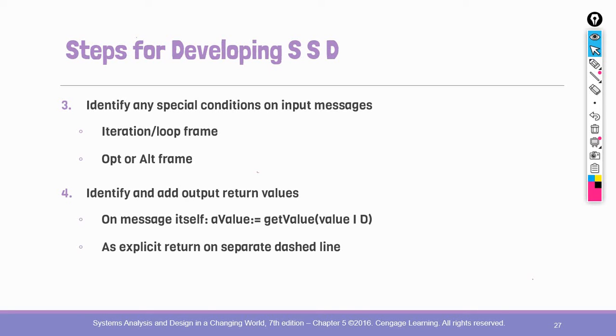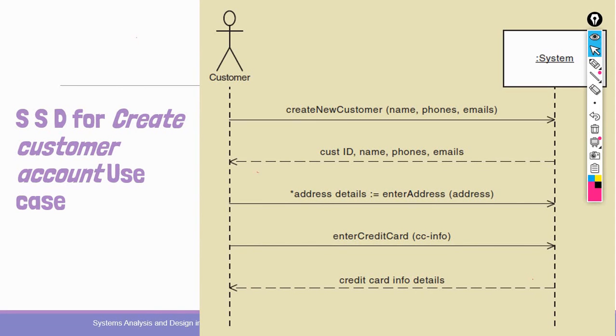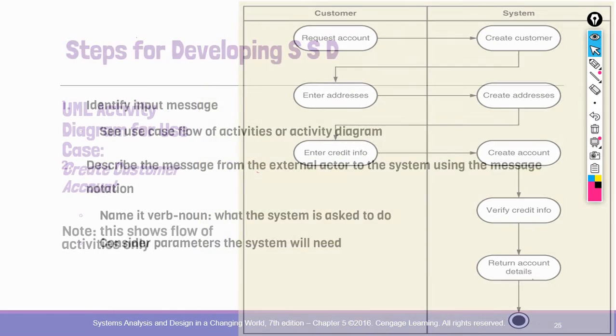Remember that there are two options for showing return information. As a return value, just like with this, on the message itself, or as a separate return message with a dash arrow. The activity diagram can provide some clues about return messages.